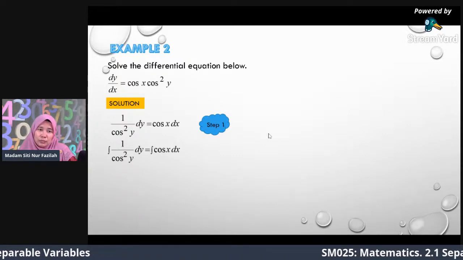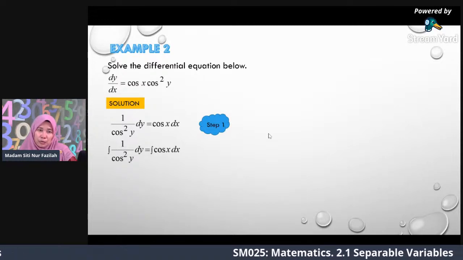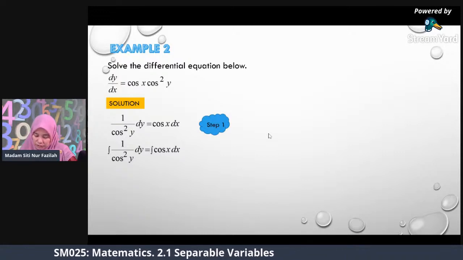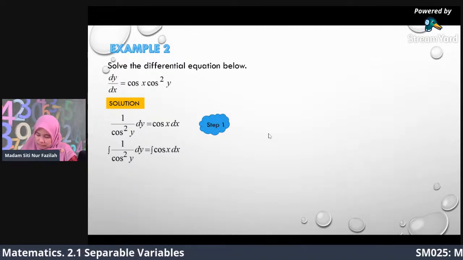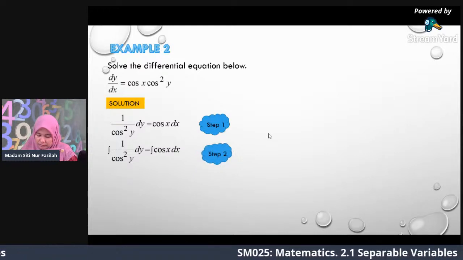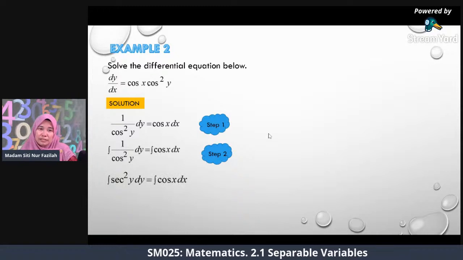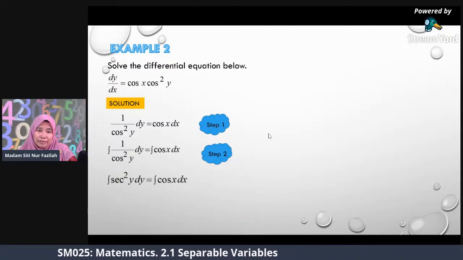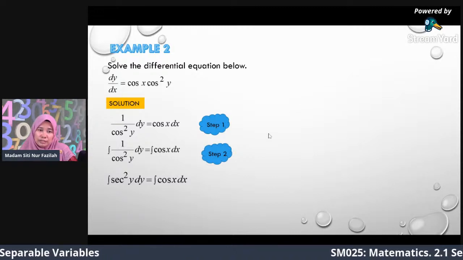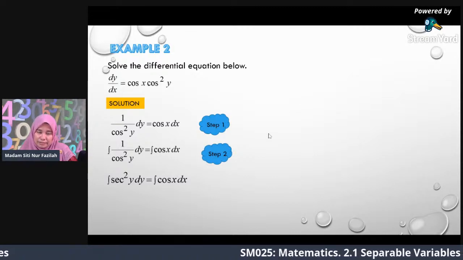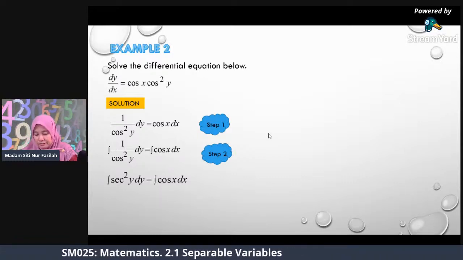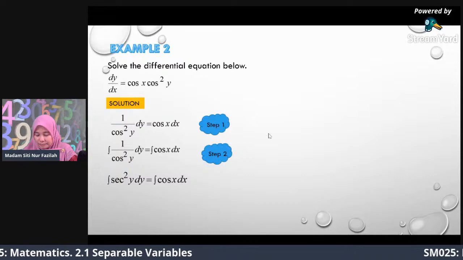We cannot integrate 1 over cos squared y directly, so we need to use a formula to change it. 1 over cos squared y is actually secant squared y. So integrate secant squared y dy equal to integrate cos x dx.